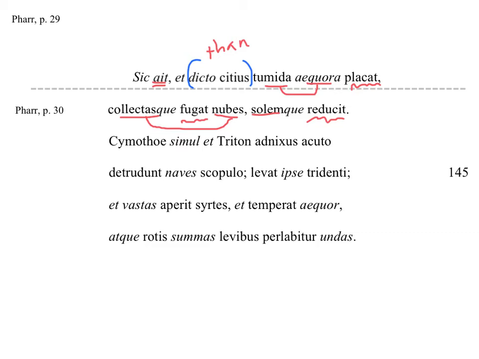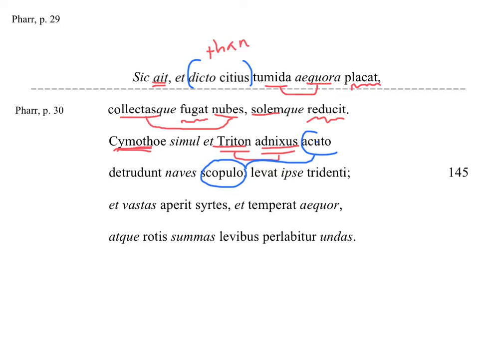So you've got the subject, Cimothoe, and Triton, who are helping him. And Triton, this goes with the Triton, it modifies him, leaning. And then ablative, how is he leaning? He's leaning on or by a acuto scopulo, a sharp rock.